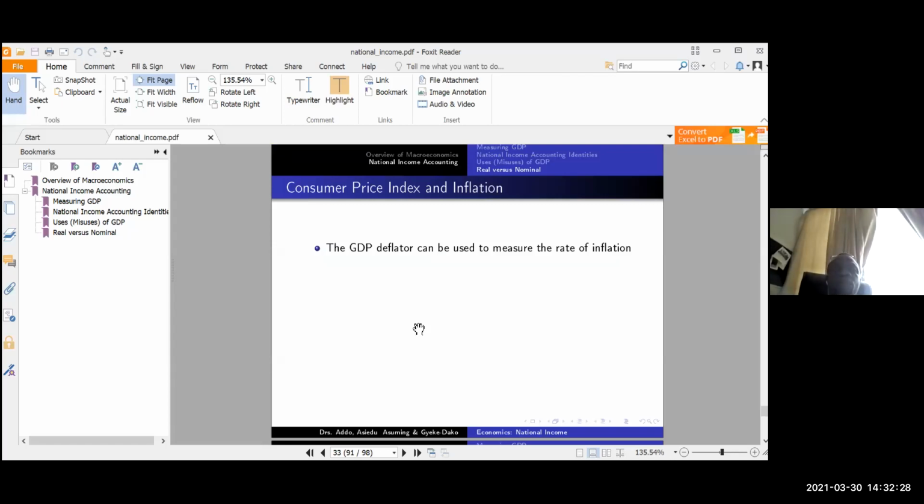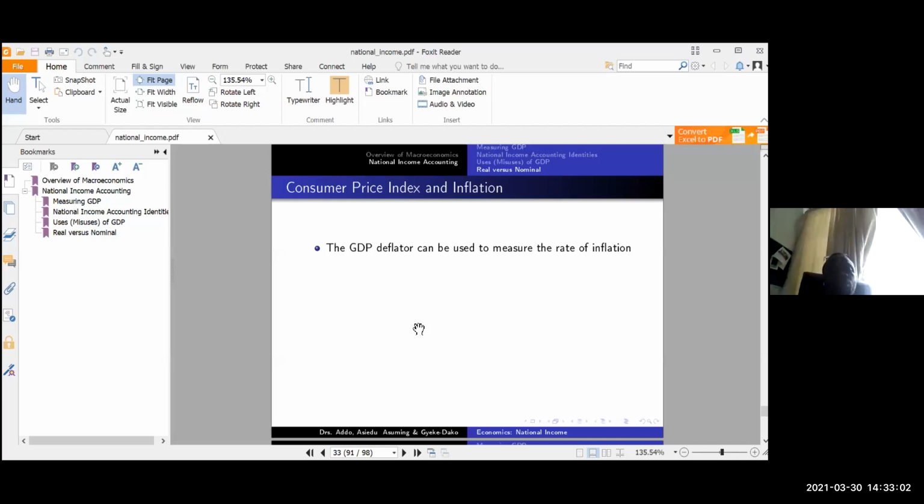We use that because the things we produce in this country are not all consumed in it. If you captured the price of cocoa as a measure of the cost of living in Ghana, it may not be the right way to go. But if the basket contains the consumer items that people buy, it gives you a good indicator of how the cost of living in the country is changing.